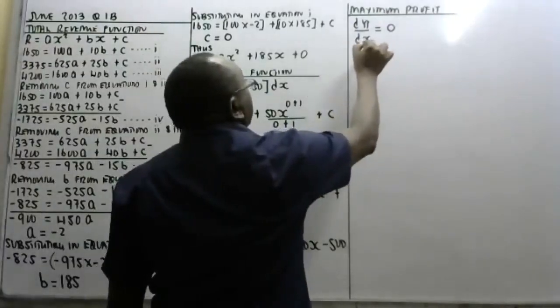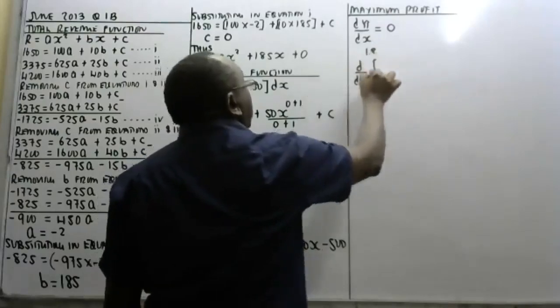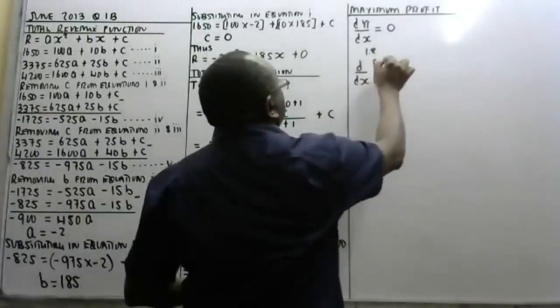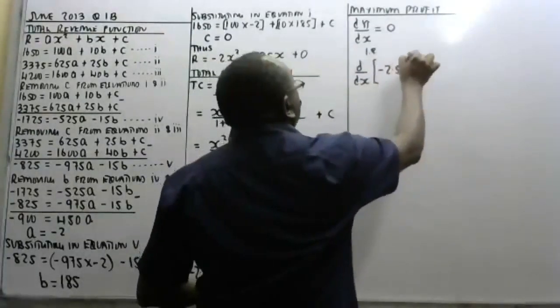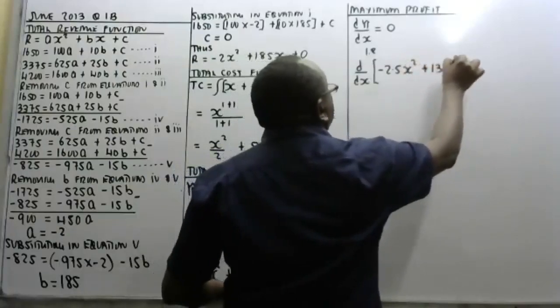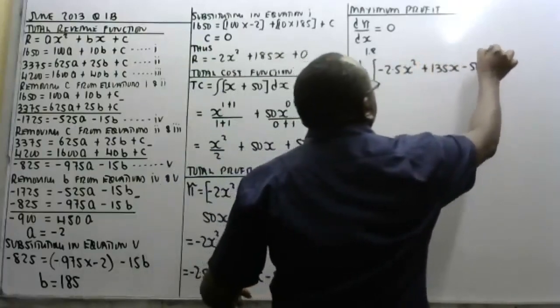Differentiate this function, minus 2.5x squared plus 135x minus 500, with respect to x.